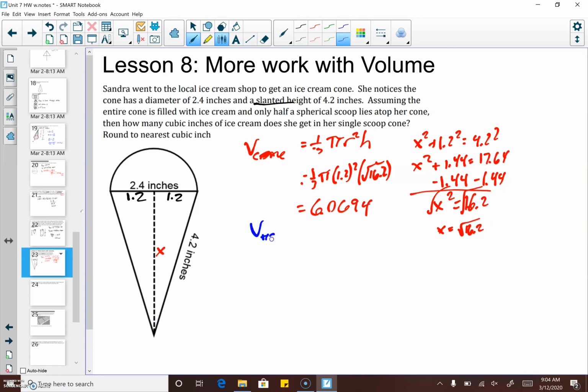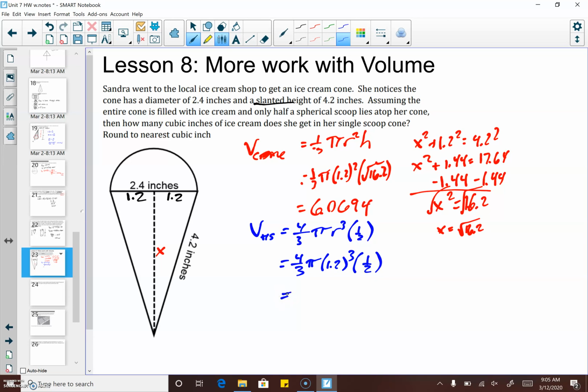Then I get the volume of my hemisphere. So I'm 4/3 pi r cubed times a half. Whenever you get these cones and cylinders and hemispheres stacked on top of each other, they always end up sharing a radius. So in this case, we're going to have 1.2 cubed.